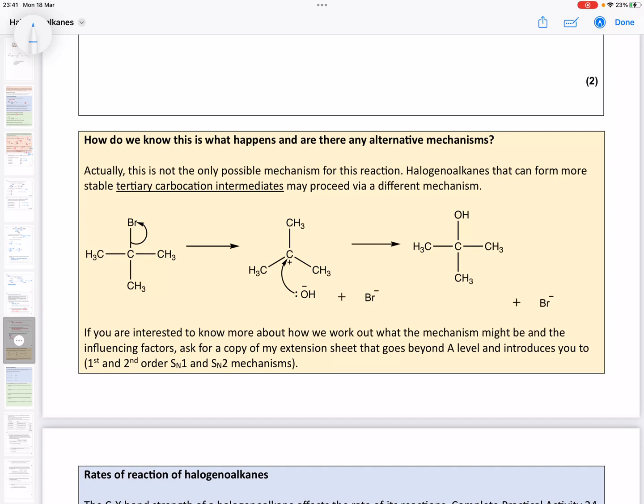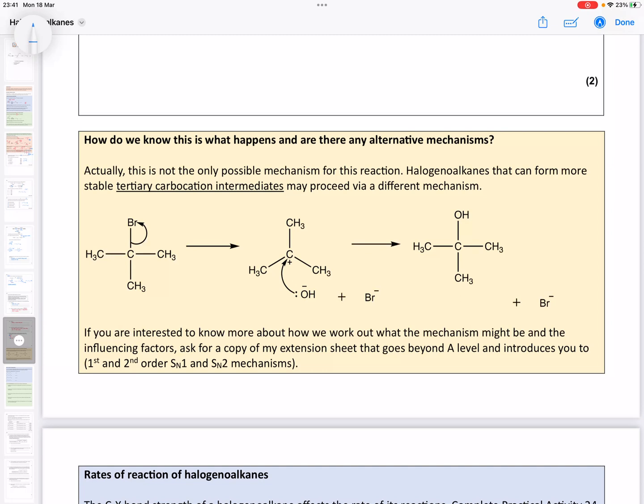That's really useful, and I do have a section in an extension sheet going beyond A level which introduces you to these first and second order mechanisms. There's a little bit about the alternative that you can see here. So in this alternative we can have a mechanism where the first step is the breaking of the C-Br bond in this case.